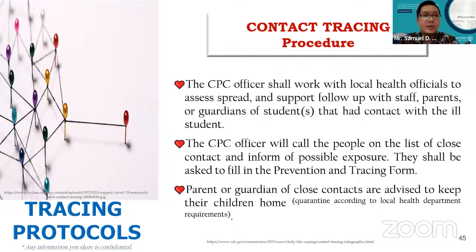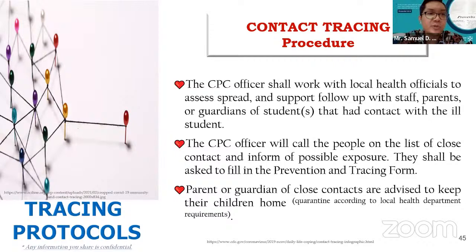Okay, if for example we have a case at school, then we will do our contact tracing protocols. If there is a positive case among students, but the student did not report to school, we don't do tracing protocols, because the student did not report to school.